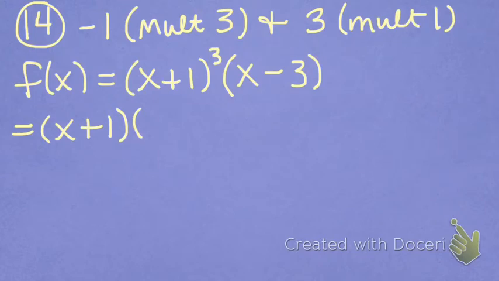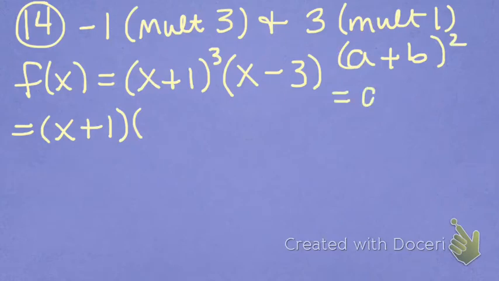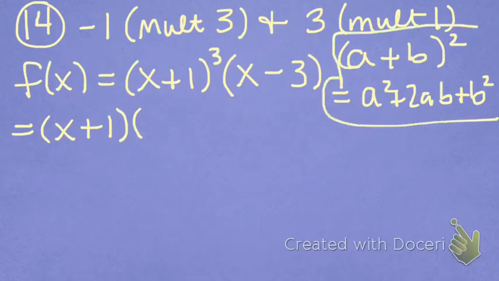We're going to do a plus b squared equals a squared plus 2ab plus b squared. If you ever wondered why your teachers back in Algebra 1 tried to get you to know that pattern, hopefully that will become clear now. So when we multiply x plus 1 squared, we get x squared plus 2x plus 1, and we've still got to bring in that x minus 3.